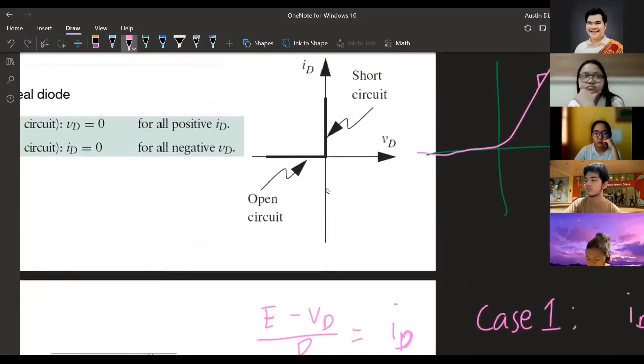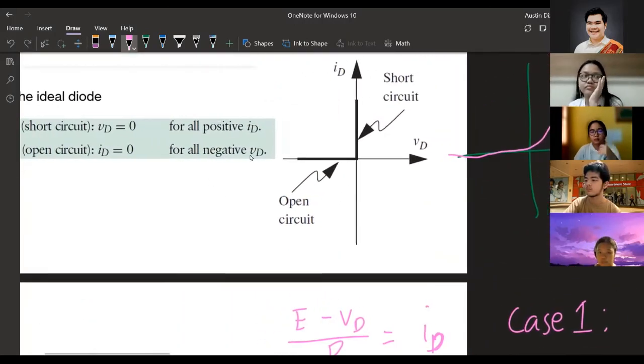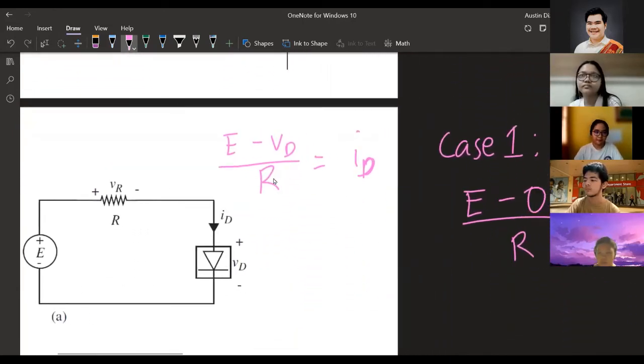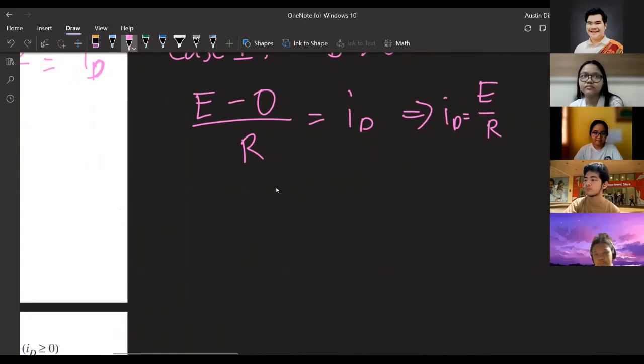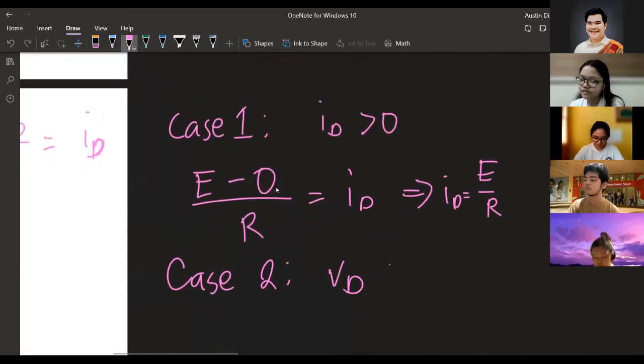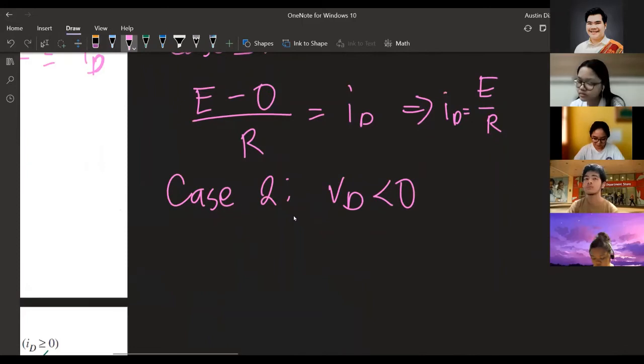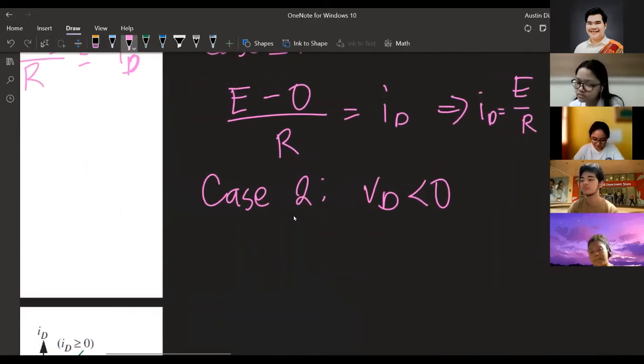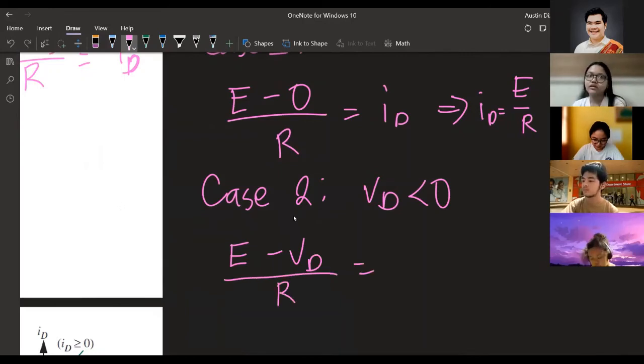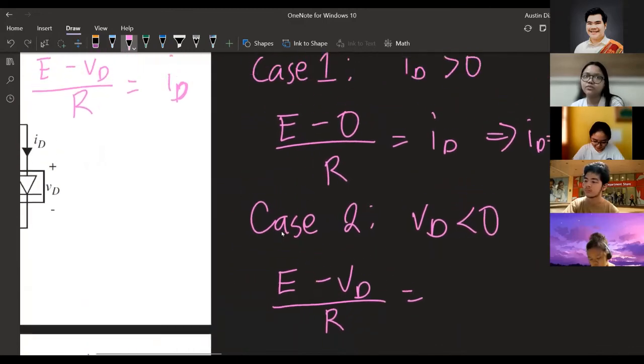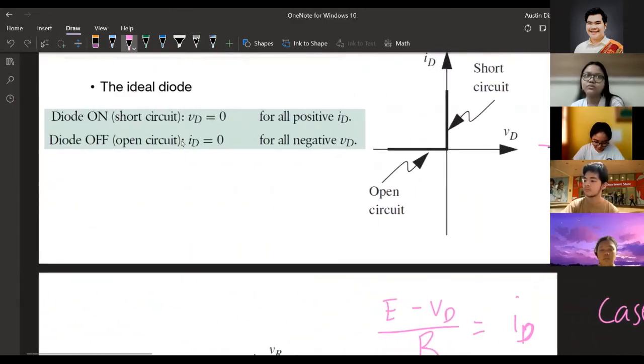Okay? Another one. Let's try another case. Yung case na isa would be kapag negative si VD, ang mangyayari, ilagay muna natin yung case. Case 2 would be VD less than 0. Therefore, E minus VD should be equal to 0 yung ID.